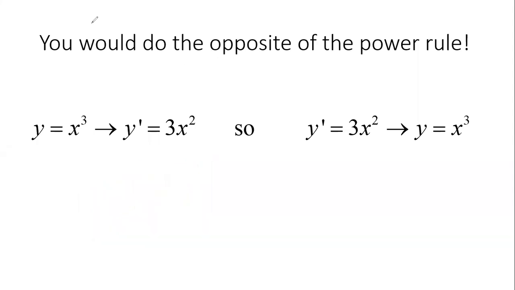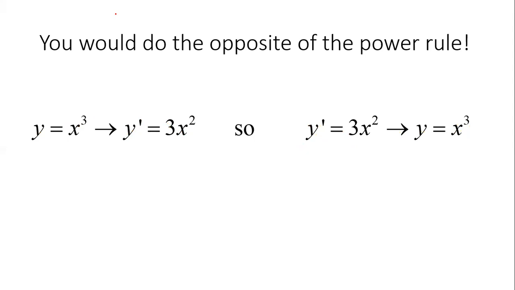Okay, so the first question that we're going to have here is you need to do the opposite of the power rule. So essentially, if we're given that y is x cubed, we know that from the power rule, we're going to get our derivative. It's going to be 3x squared. So you can also think of it the opposite way. Essentially, if y prime is equal to 3x squared, then y has to be equal to x cubed.